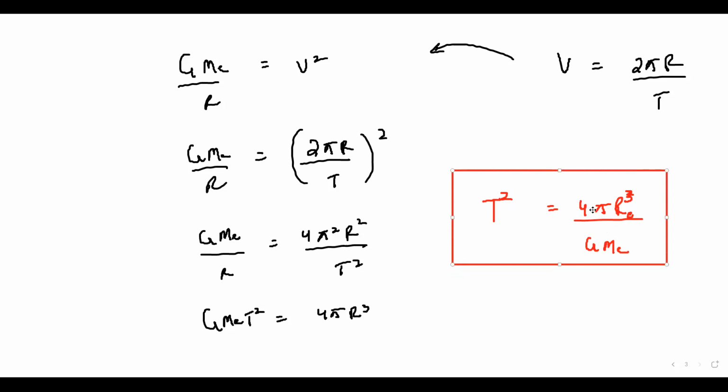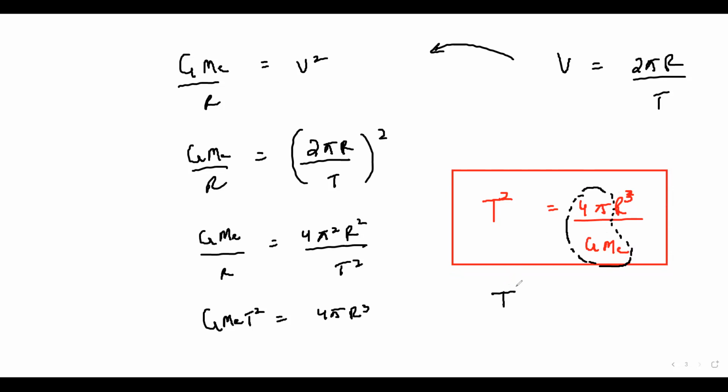This r is not just the radius of Earth, it is actually the radius of Earth plus the height of the satellite above the atmosphere, divided by G Me. And we know all of this is constant: 4 is constant, pi is constant, G is constant, and M is constant.